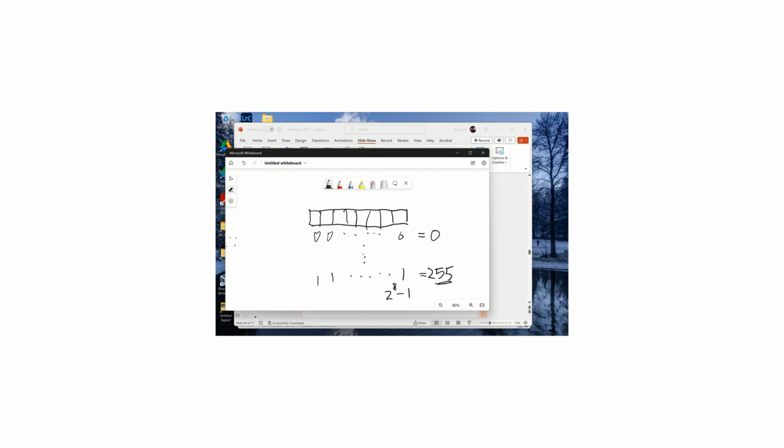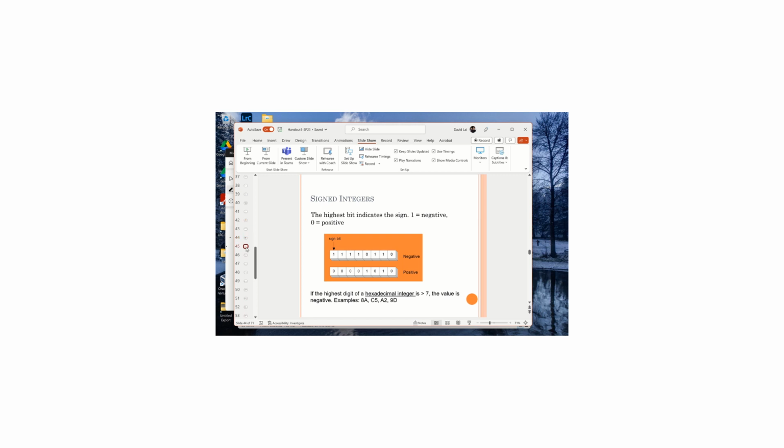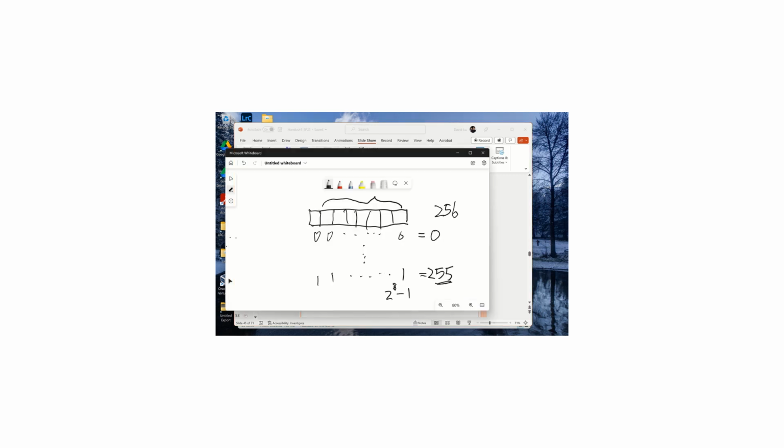Now, if we take out 1 bit, all we have left is 7 bits to represent numbers. So now from 0 to 255, there's a total of 256 numbers. Let's consider 0 as a positive number. So 256 divided by 2 is 128.